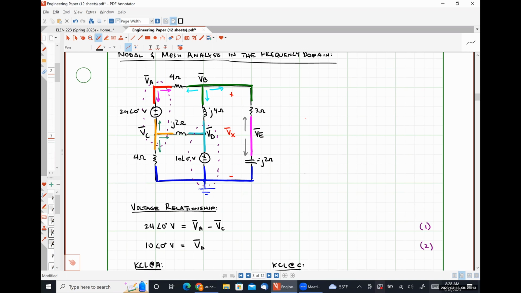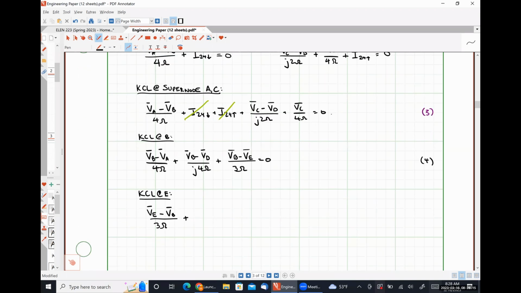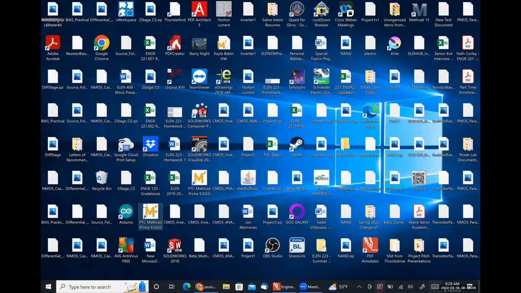VE over negative J2. Absolutely correct. So we have 5 equations and 5 unknowns. So we're now ready to throw a computer at this thing because solving this by hand would be absolutely and utterly terrifying. Okay. So I'm going to open up MathCAD.